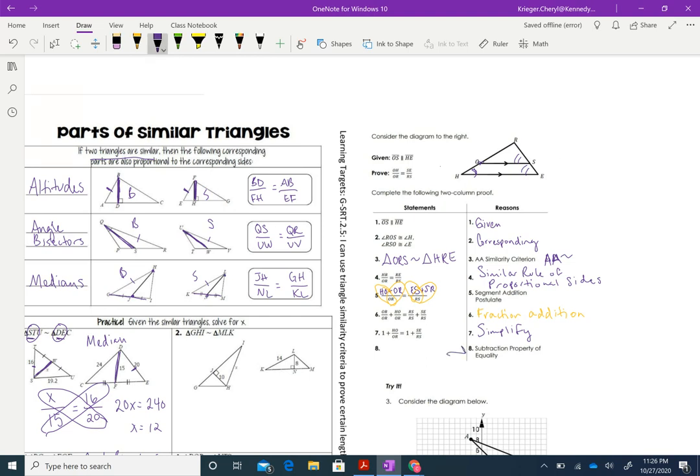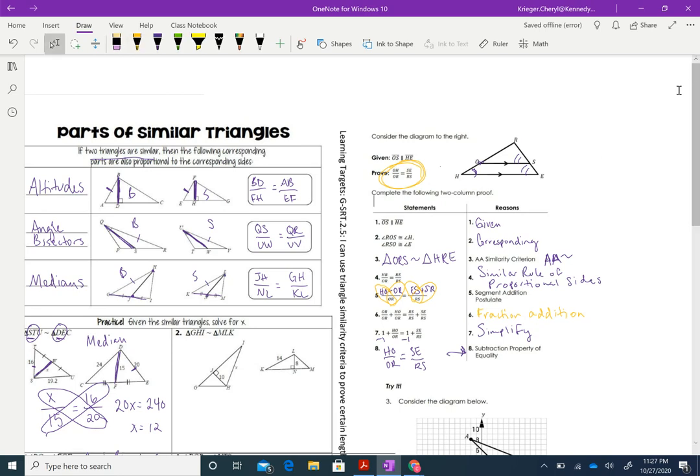Number 8, they say subtraction property of equality. That's your hint that they're subtracting the thing that they have in common on both sides. They're going to subtract 1. If we subtract 1, we're left with HO over OR equals SE over RS, which is what we were trying to prove, right? And we're done. Hooray!